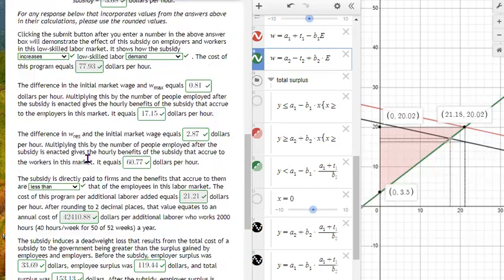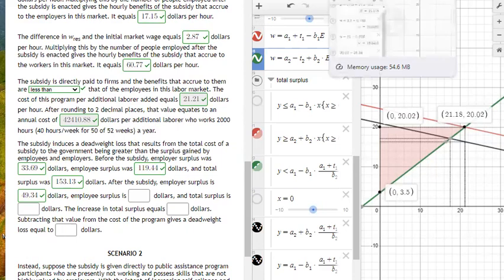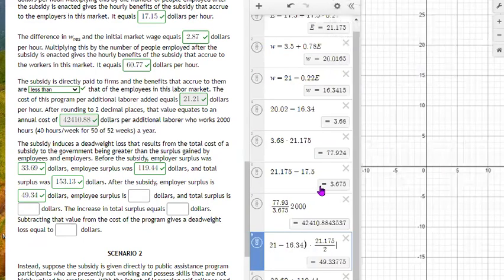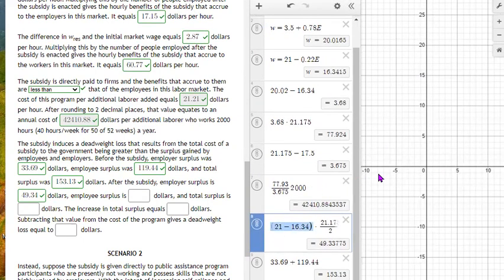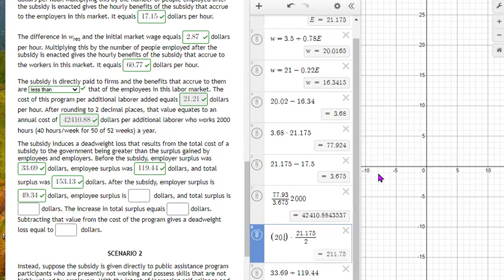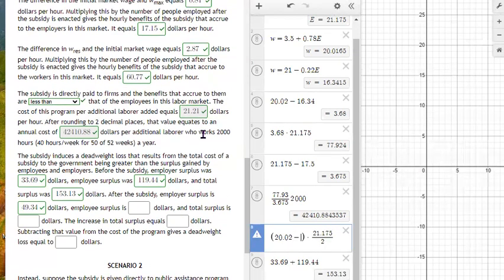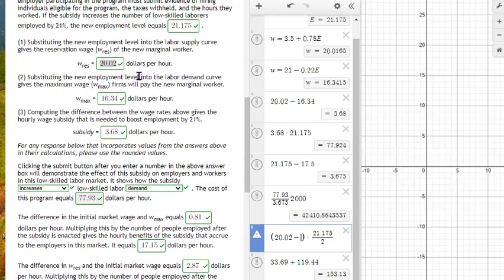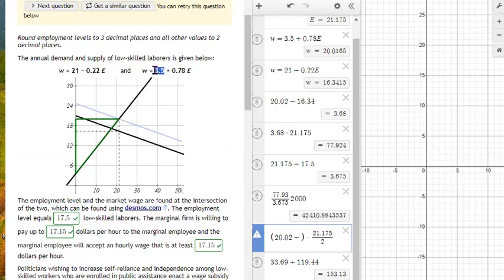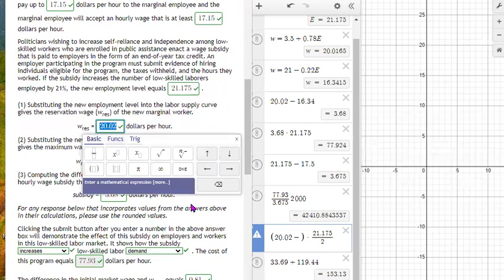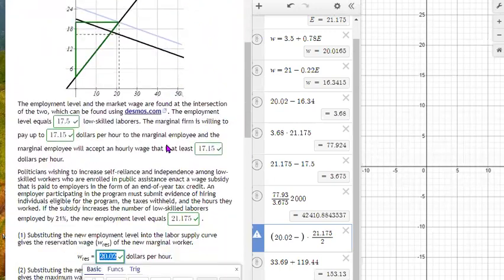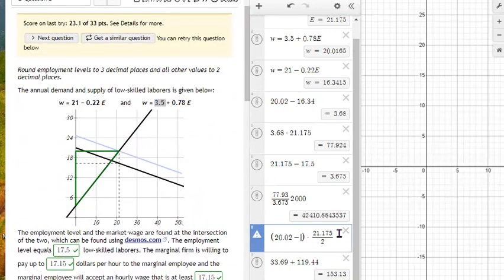So we're going to subtract 3.5 from $20.02, which is the height of this triangle here.